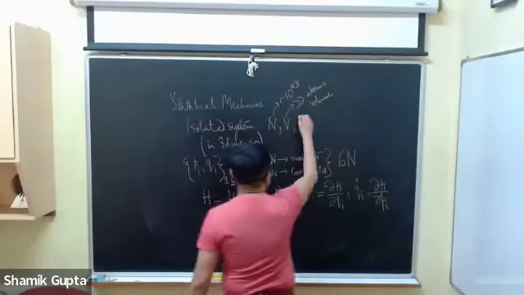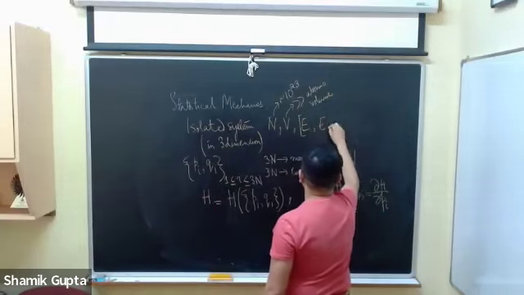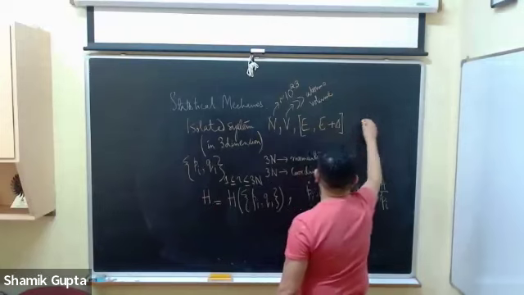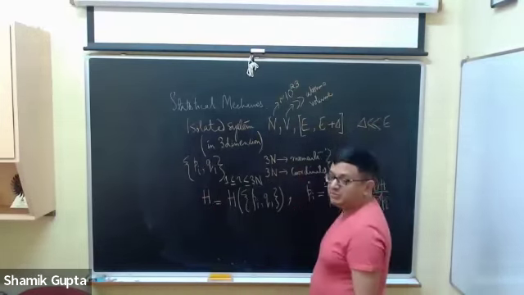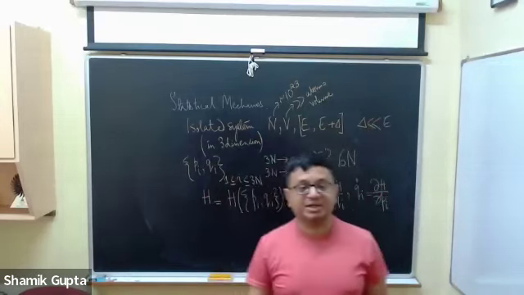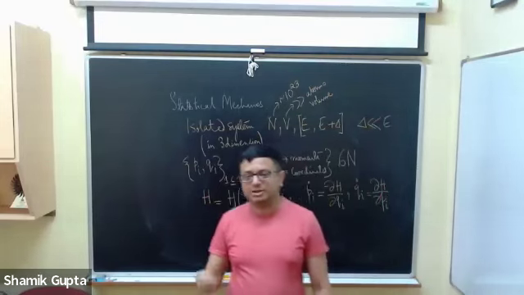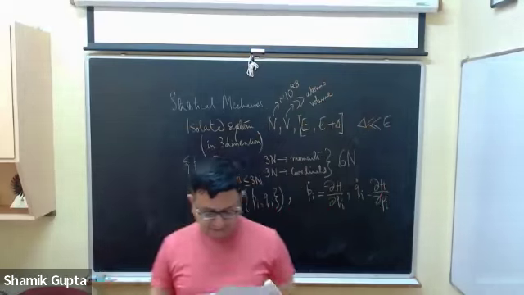So let me incorporate that error by saying that the energy of the system lies between E and E plus delta, where delta is a small number that is much smaller than E. And if you are dealing with a situation when delta is equal to 0, then this theory is general enough that you can put delta equal to 0 at any point in the calculation. Nothing will happen.